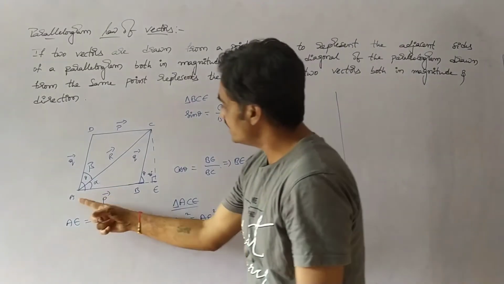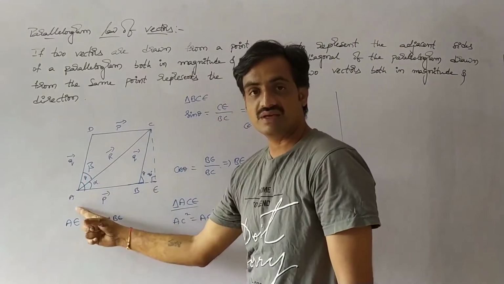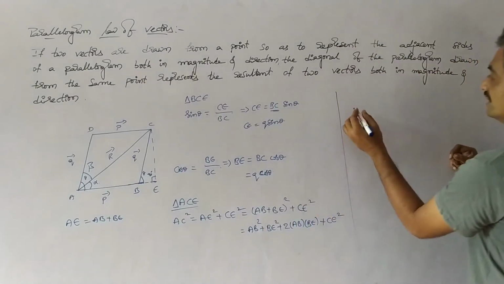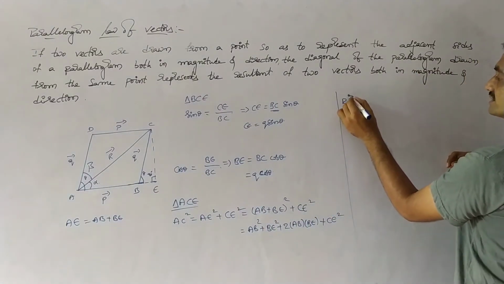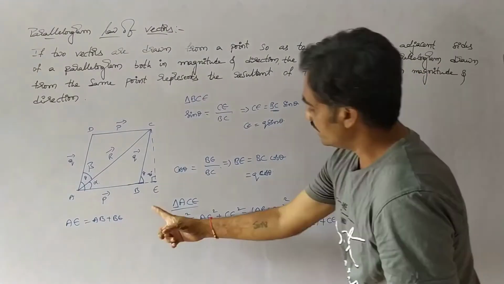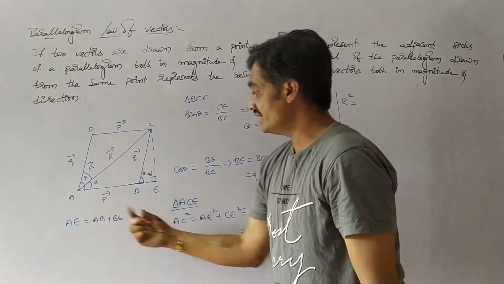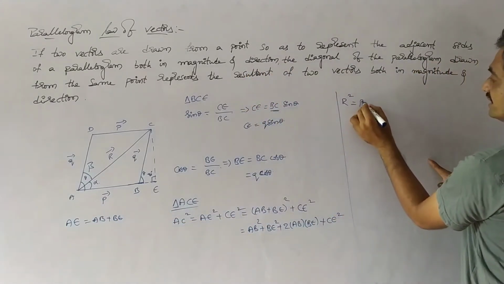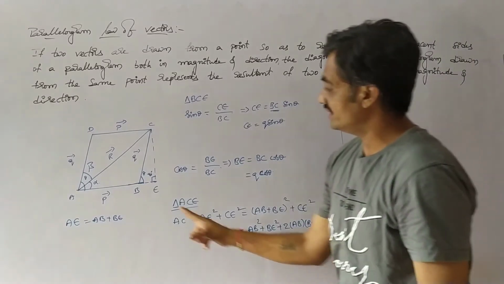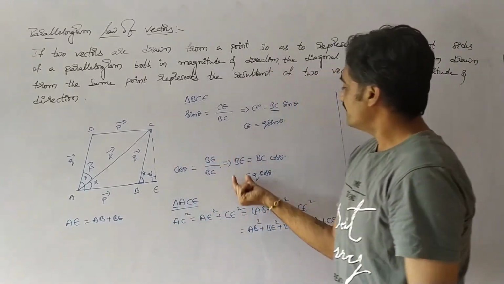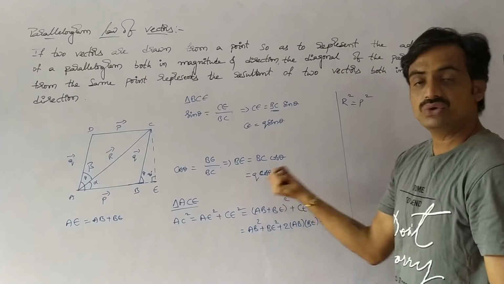Here observe that AC is nothing but the resultant. If we substitute the values, we have R square equals AB, which is nothing but P, square, plus BE. Already we had derived the value of BE: Q cos theta.